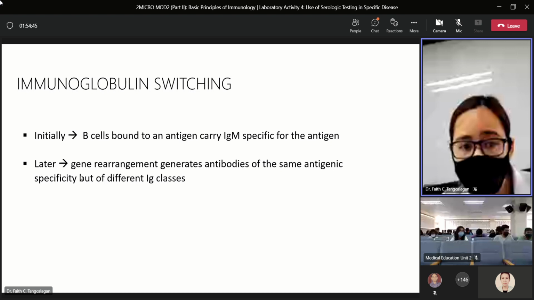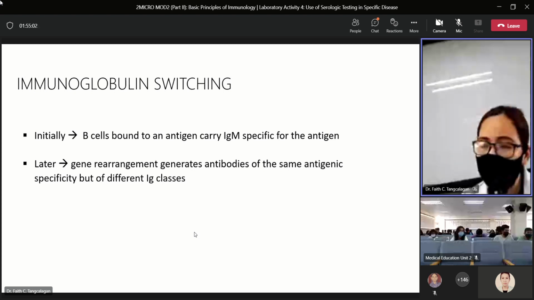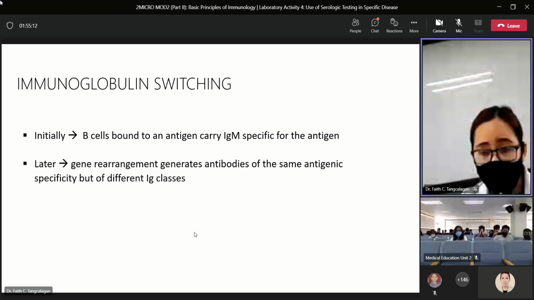Your antibodies will undergo this gene rearrangement, causing this antigenic specificity to be of a different Ig class. For example, IgM switches to become IgG. That's actually because of these interleukins, your cytokines, your interferons; all of these are responsible for the immunoglobulin switching.